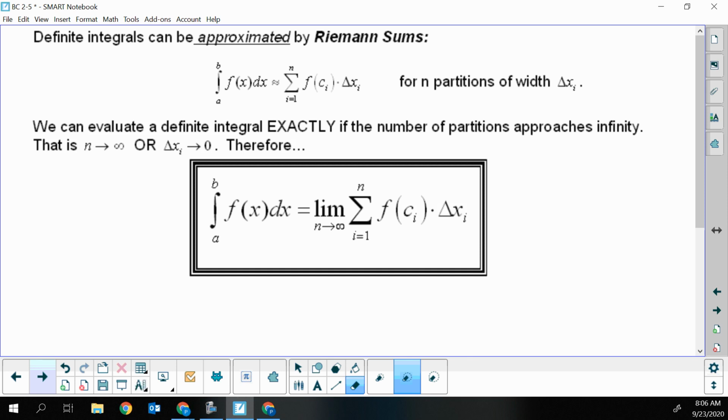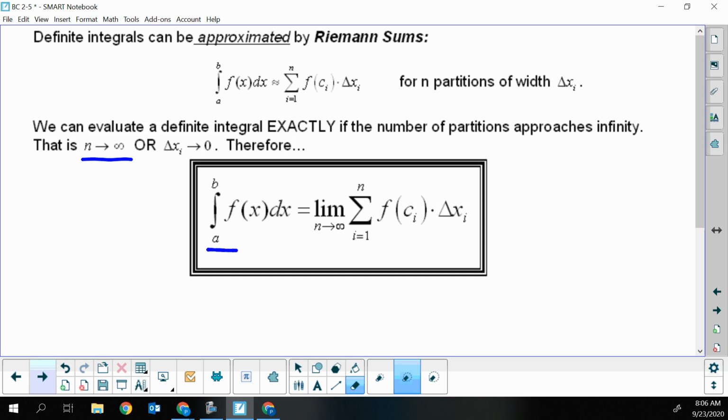Well, imagine you make the number of rectangles go to infinity. That's our n here, n going to infinity. Well, if the number of rectangles approaches infinity, they're getting infinitely thin, and it's approaching the exact area under the curve. So the limit of your Riemann sums as your number of rectangles becomes enormous will equal the exact area under the curve.